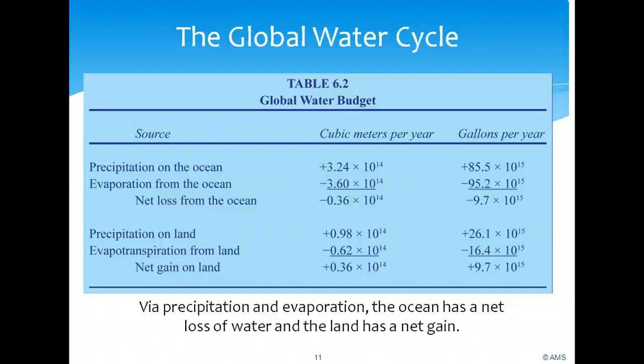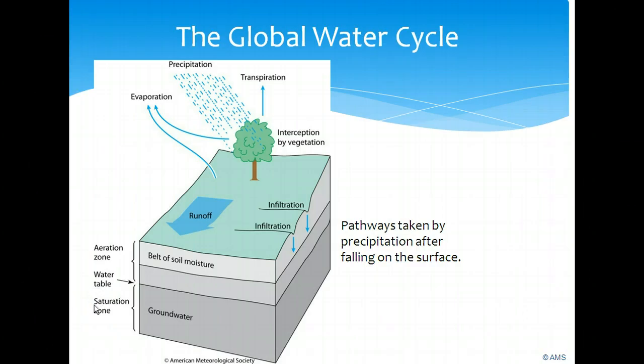Earlier we indicated that there was a balance between the loss and gain of water in the global cycle, so what's the story here? Well, to restore this balance and complete the global water cycle, excess water on land basically drips, seeps, and flows by gravity back to the sea through runoff, infiltration, etc. So it's the runoff component or the infiltration component which restores the balance and completes the global water cycle.